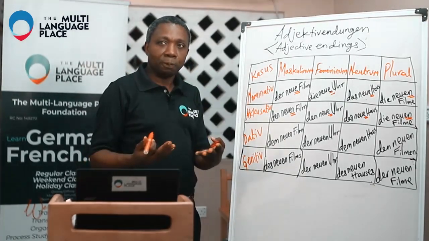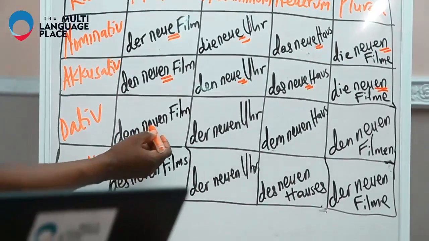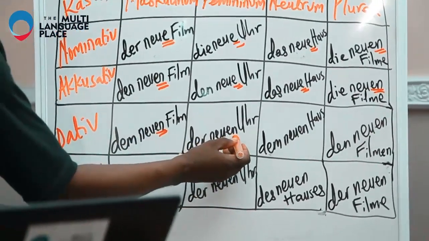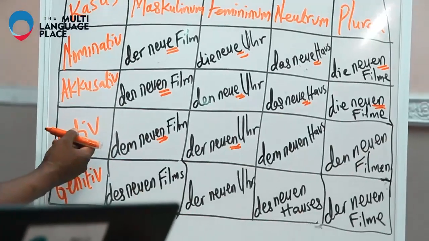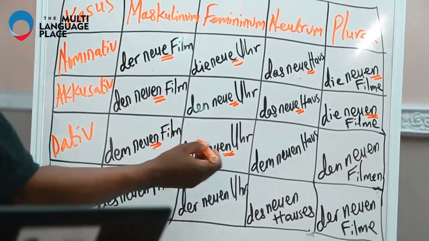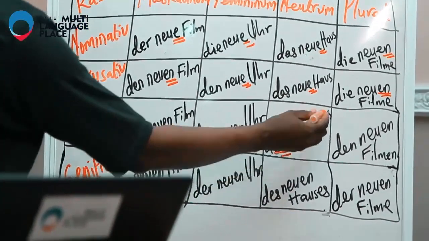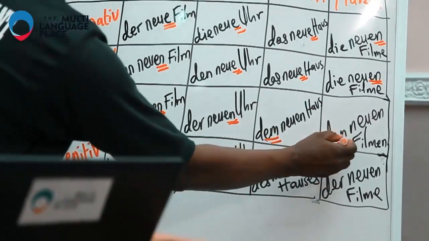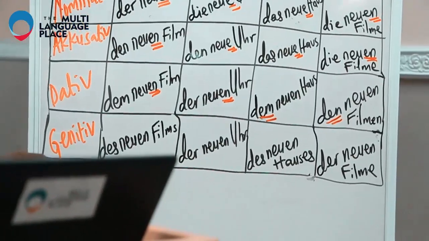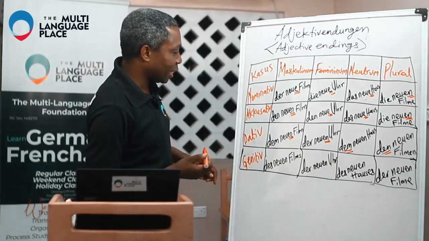Dative article: we have dem neuen Film, der neuen Uhr, dem neuen Haus. Remember, this changes because it's masculine, it changes to dem. And then here the plural, den neuen Filmen.